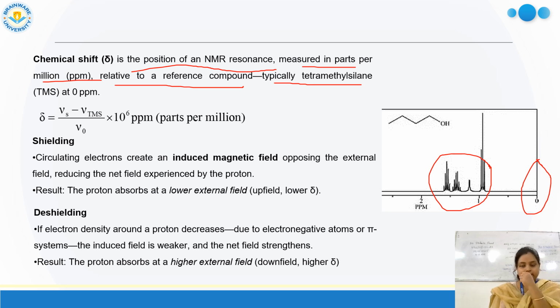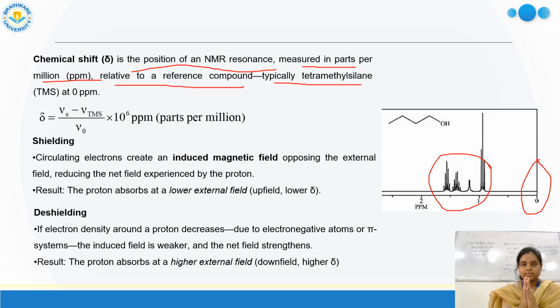So the nucleus experiences less external magnetic field due to the presence of electrons. Got it?